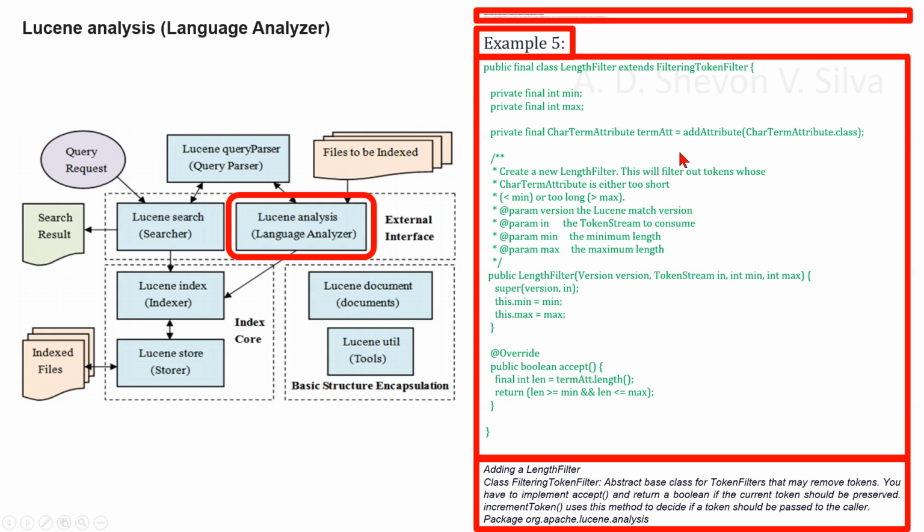Here in the length filter, the char term attribute is added and stored in the instance variable. Remember that there can only be a single instance of char term attribute in the chain. So in this example, the addAttribute call in the length filter returns the char term attribute that the whitespace tokenizer already added.